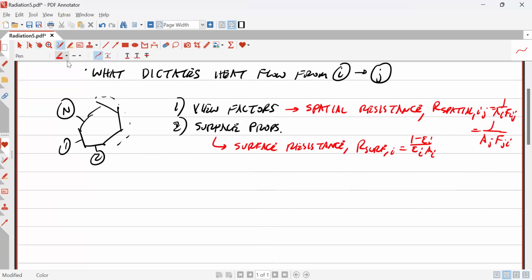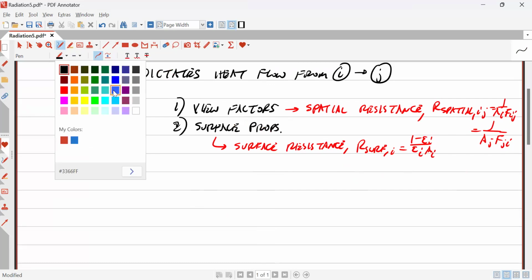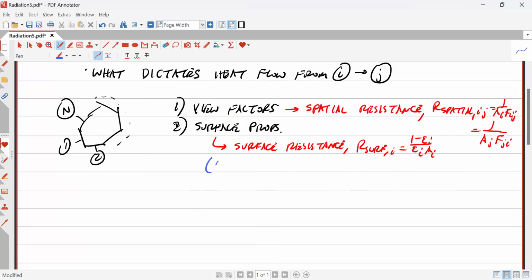Again, regarding the surfaces here, we'll assume that all surfaces are diffuse. Recall that diffuse means that the intensity is the same in all directions.